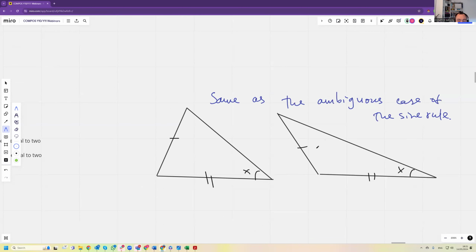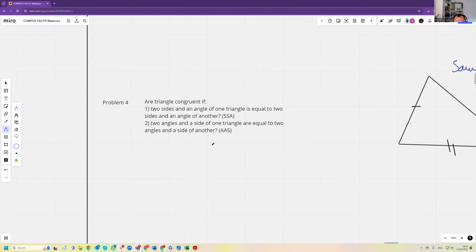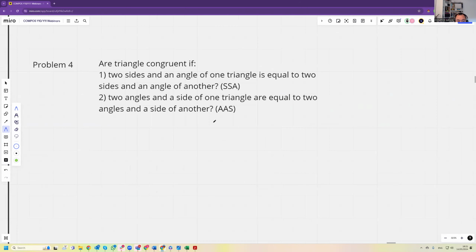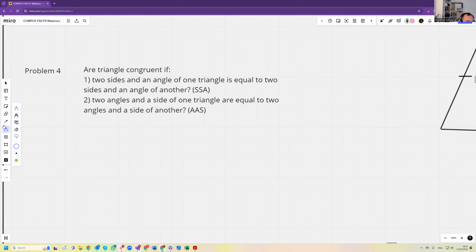All right. If two angles and a side of one triangle are equal to two angles and a side of another, well, clearly yes. Well, sort of.